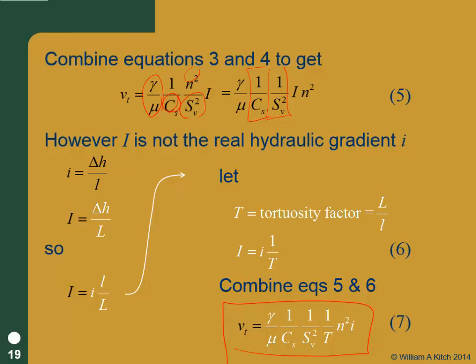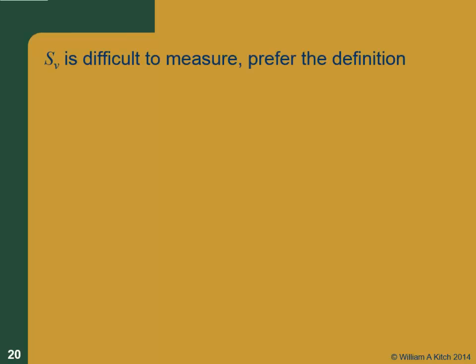One's the shape of the pores. One's the amount of surface area, the relative amount of surface area, and the third one is how tortuous the path is. And we know how to calculate porosity. All right, cool. Well, SV is kind of hard to measure.